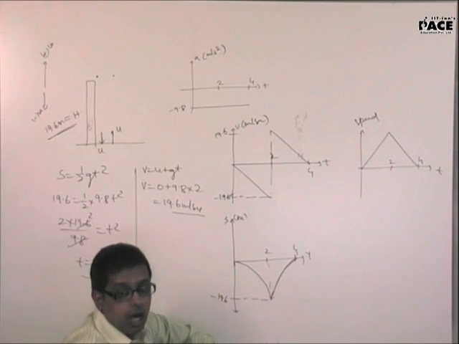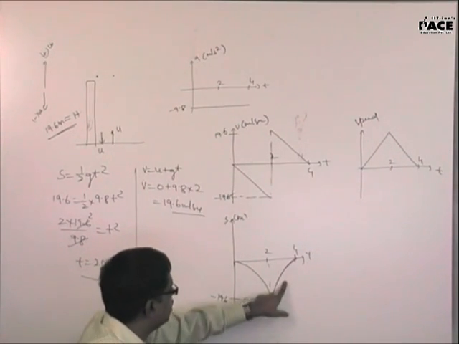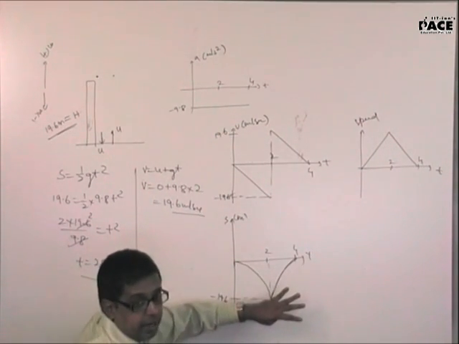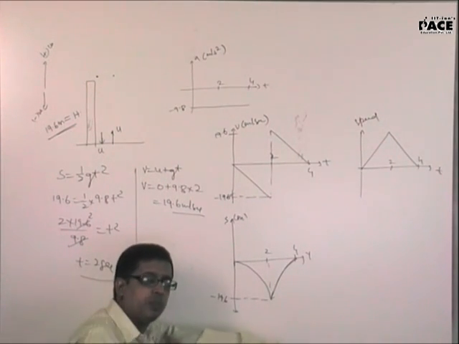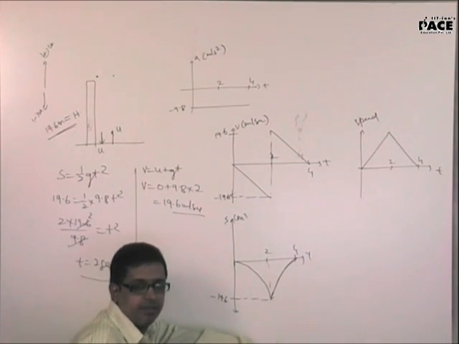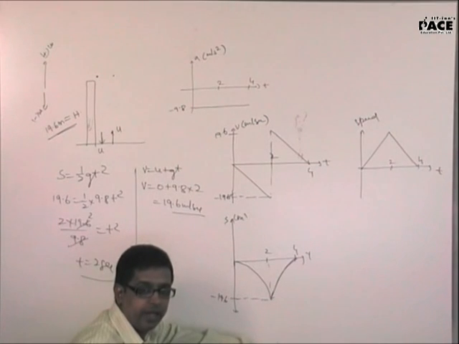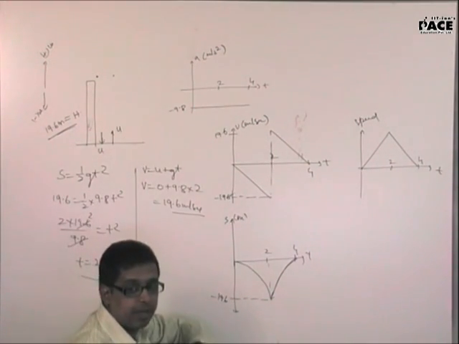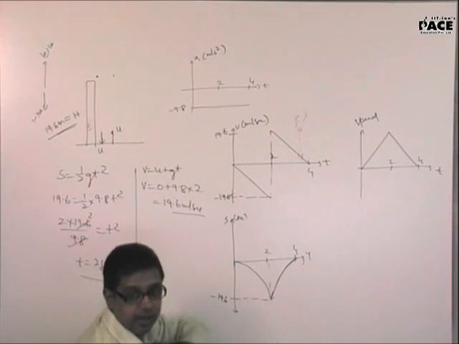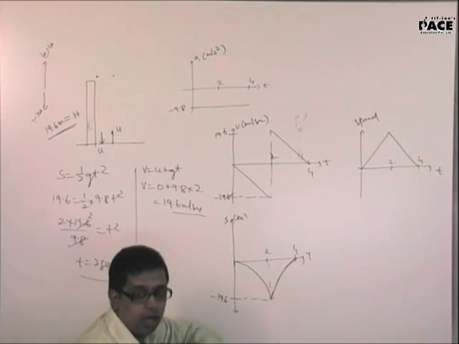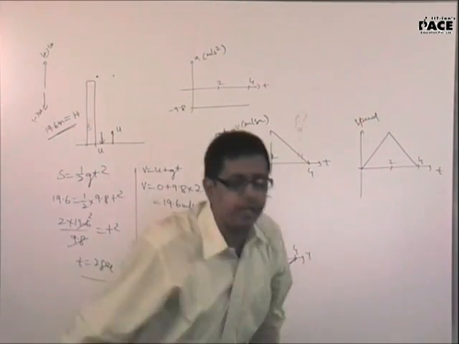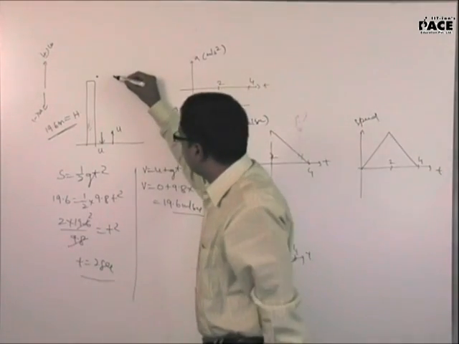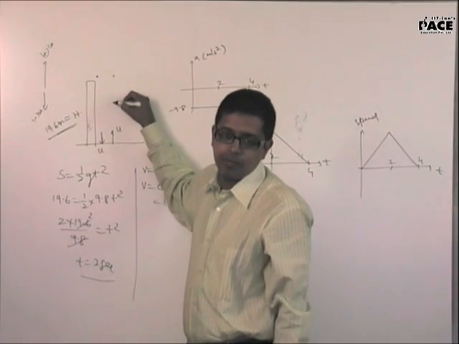Second option. How reasonable are you in keeping both the displacements only on this quadrant? That means you are telling me all throughout the displacement is negative? Yes. It is going down. It was negative. After collision, even when it was coming up, it didn't cross the origin. It was below the origin. So at any particular point I want the displacement from the origin I should be going down.